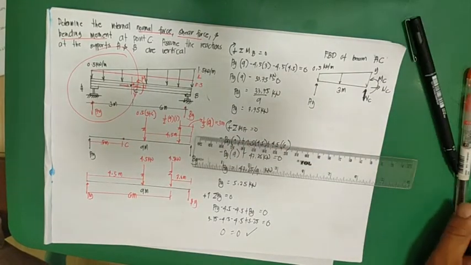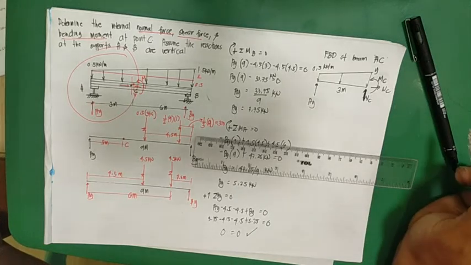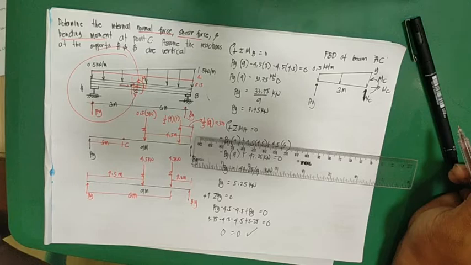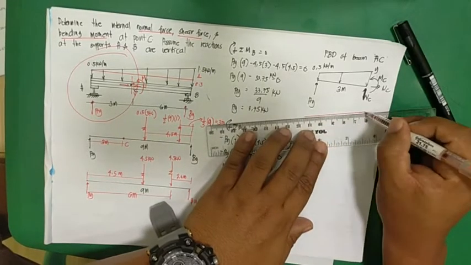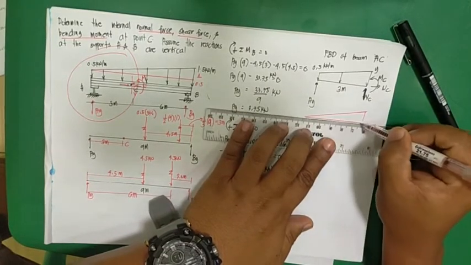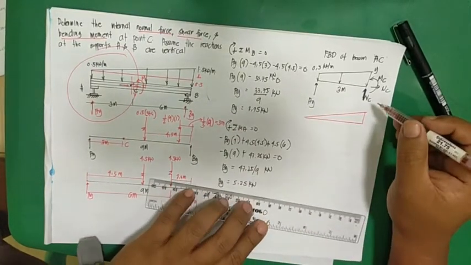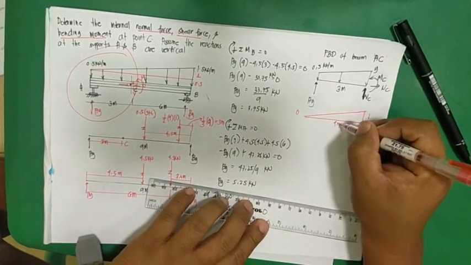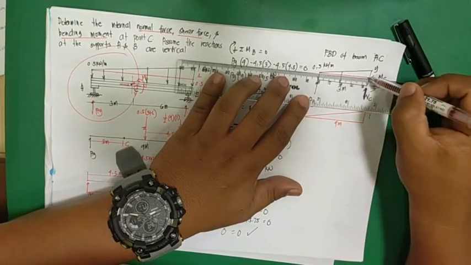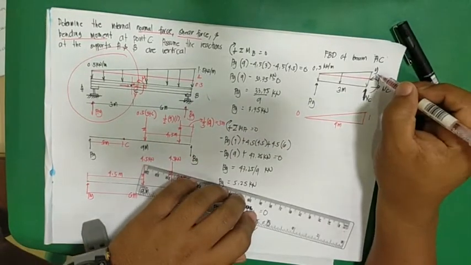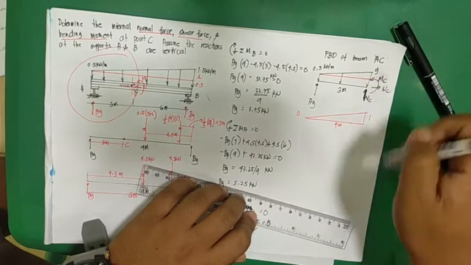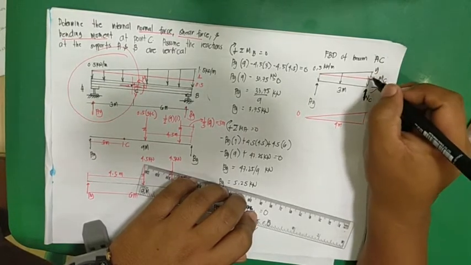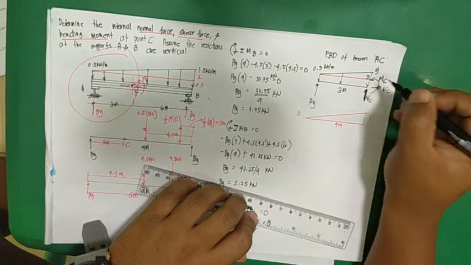So how to determine the value of Y? By ratio and proportion. Okay? By ratio and proportion. This is 1. This is 0. 9 meters. And how about this one? Let's say this is Y and this is Y bar.